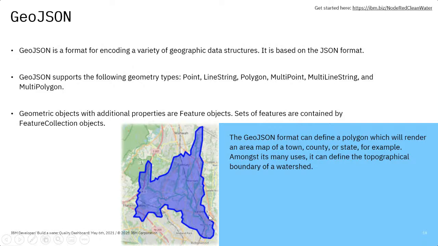For example, we created this application for an organization, where we are helping them identify the areas that have scarce water, very low water availability, or no clean water available. So GeoJSON can help with those things.